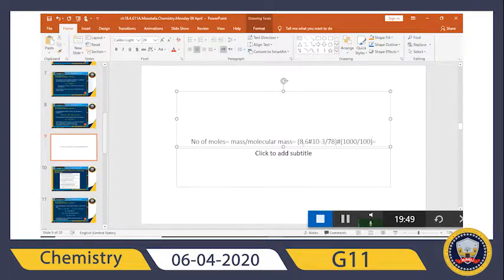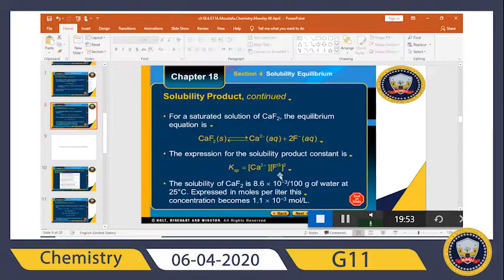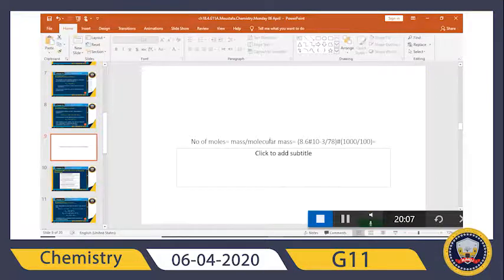Why? Because this is the first part, where you exchange grams to moles, then you exchange grams of water to liters.